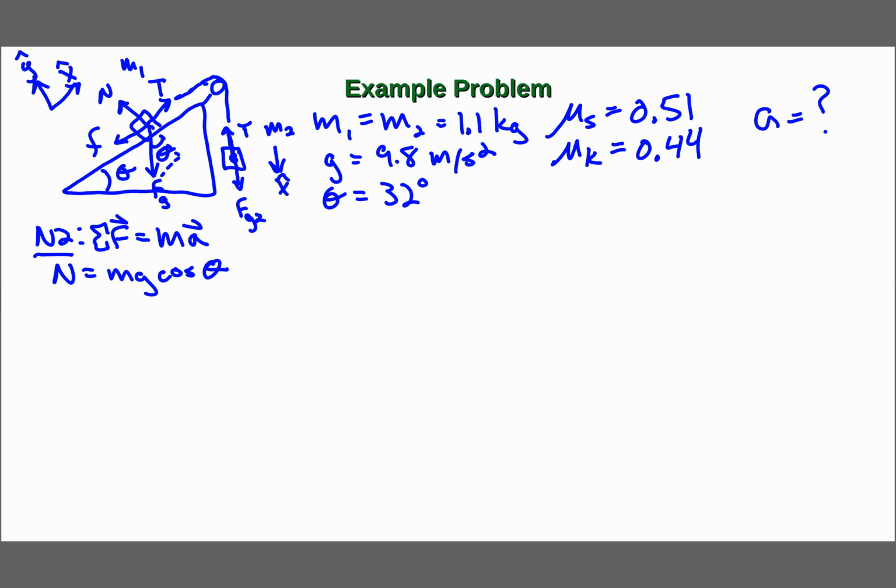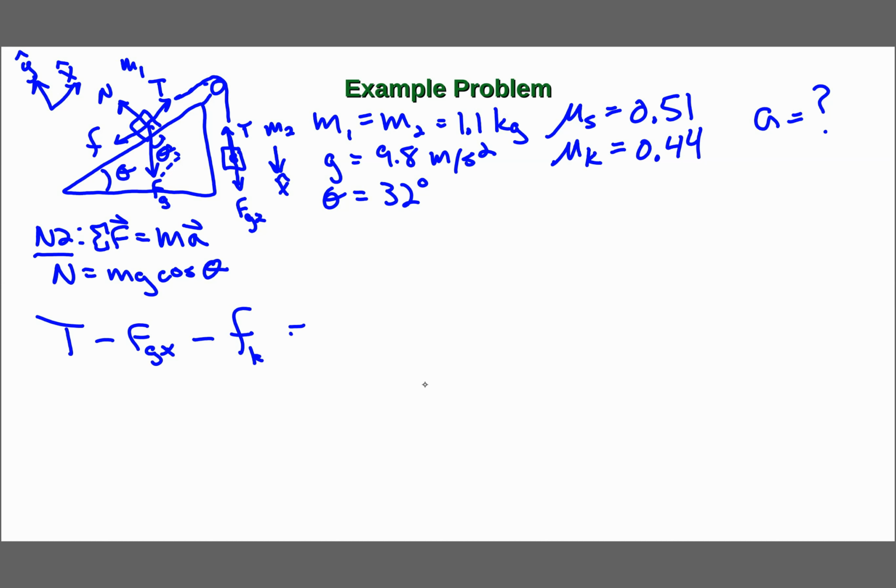Now, let's look at the x direction of block 1. So in the positive x, we have tension. And then in the negative x, we have the force of gravity in the x component. And then also, the way I've drawn it up here, we have minus Fk, since we're going to look at if it's moving.